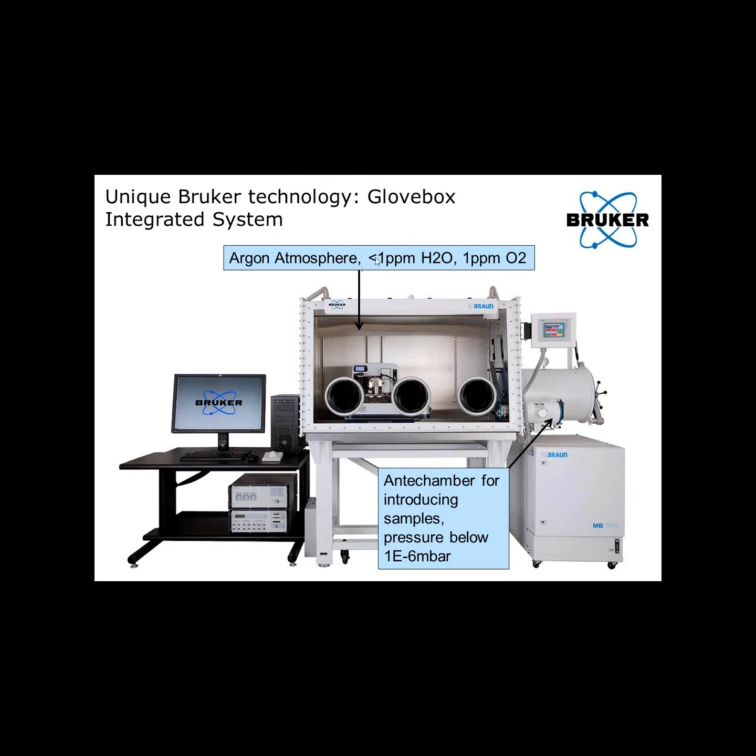We can reduce the concentrations of water and oxygen to below 1 part per million. You can also pump your sample down by putting it into an antechamber, and there's a turbo pump connected to it, which allows you to evacuate your chamber for some period of time. So that's what we did with this exact same sample, and we used the same tip, and we evacuated the sample and then performed KPFM in the same region.